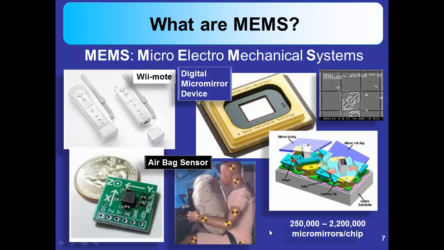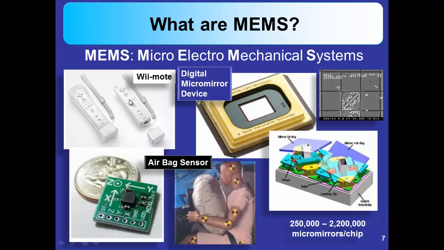So as I said earlier, a lot of my research is in MEMS, and MEMS is an acronym for Micro-Electro-Mechanical Systems. Undoubtedly, you've used some technology that incorporates MEMS devices, whether you may have realized it or not. One of the primary areas you'll find MEMS devices is in some gaming applications. So Nintendo used MEMS sensors in their Wiimote.